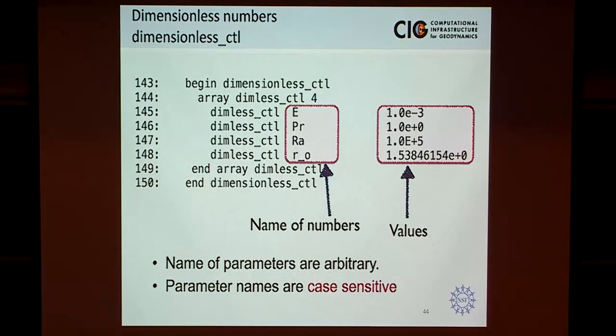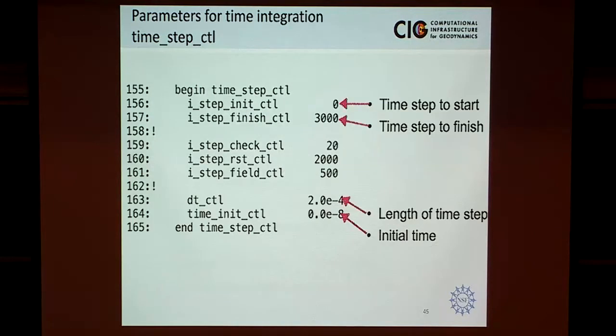Be careful to set names with the correct capital and small characters. And then now we set the governing equations, fields to solve, boundary conditions, and dimensionless numbers. So the model is completely described. Then we set time stepping.